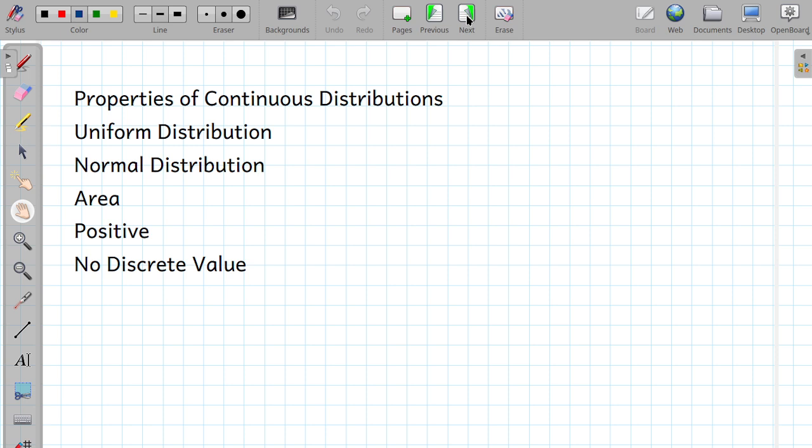Properties of continuous distributions. Well, those encompass these 3 points here. I'm going to expand on the material above, of course, but let's talk about this stuff first.